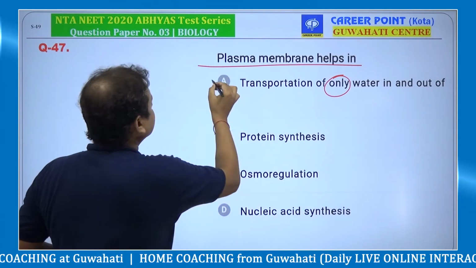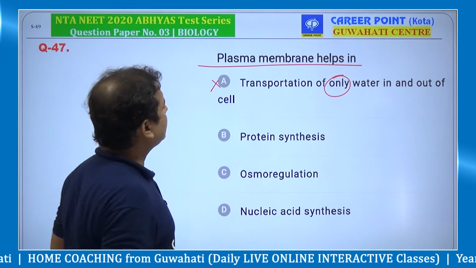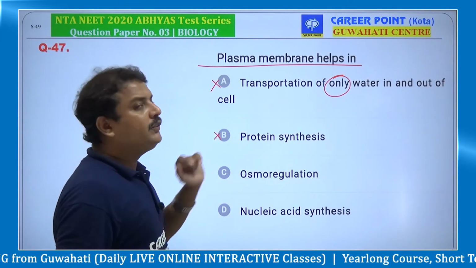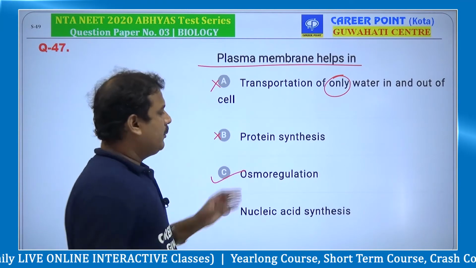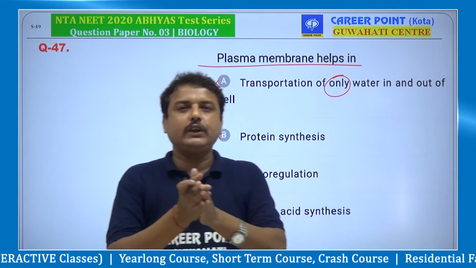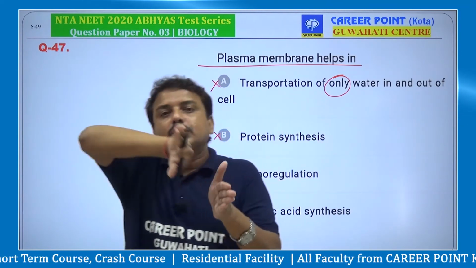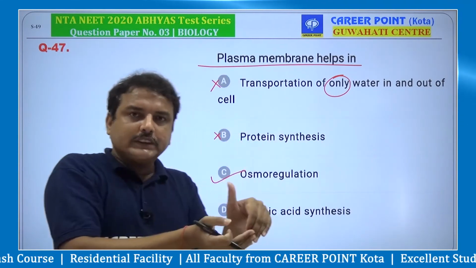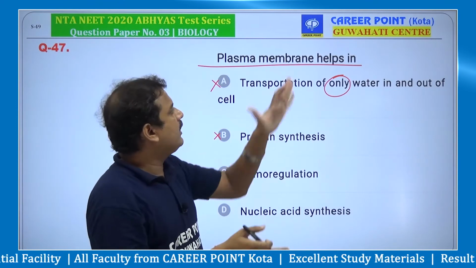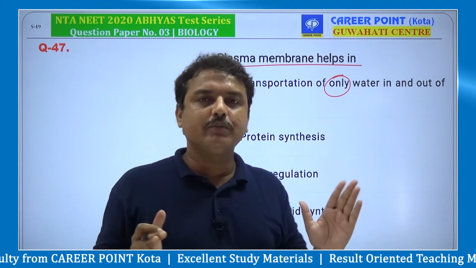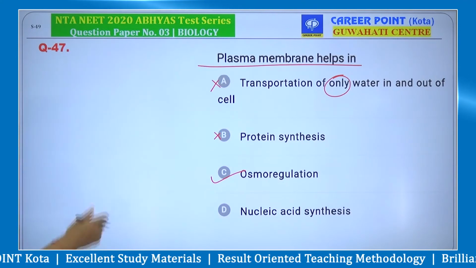So this answer is not correct. Protein synthesis, no. Osmoregulation, yes, this is the answer, because it helps in osmoregulation. It will allow the movement of solvents as well as some solutes. So that is why the property of plasma membrane is selectively permeable. So for this question the answer is C.